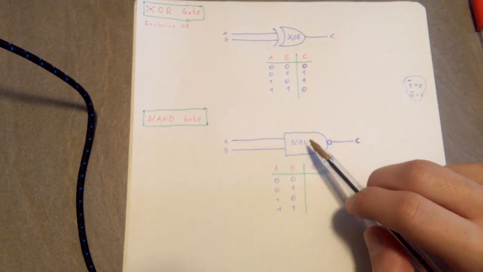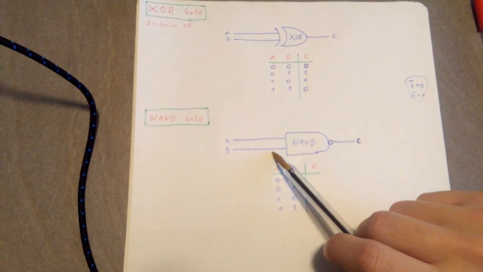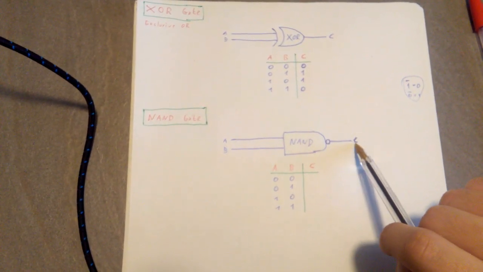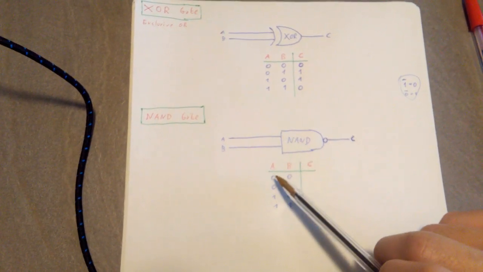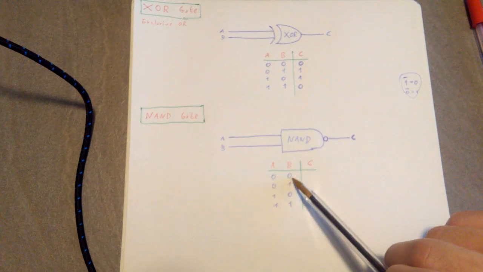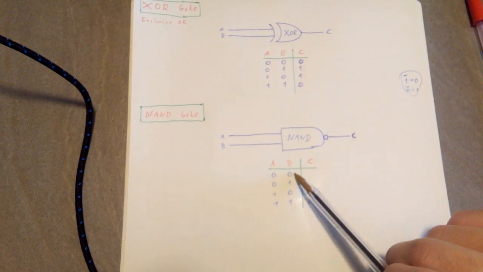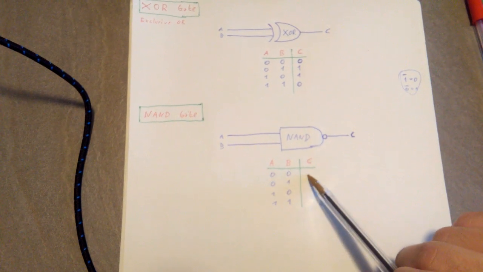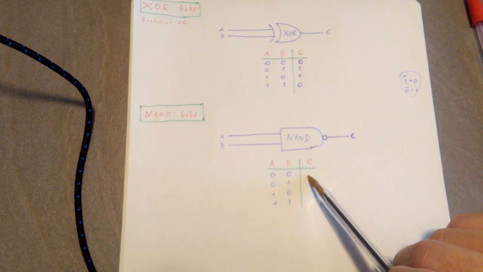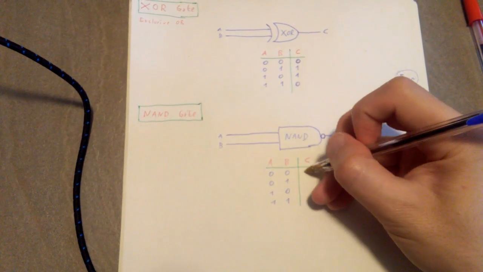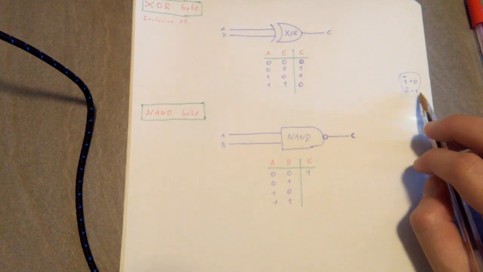An AND gate says that both A and B have to be 1 so that the output can be 1. In this case, they are 0, so the output will be 0, but inverted, it is 1.